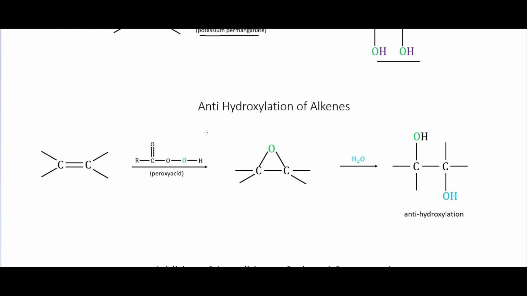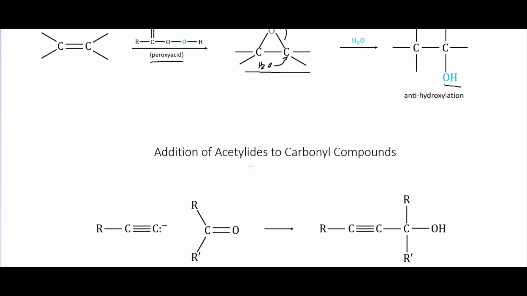So we can also do an anti-hydroxylation of alkenes. So we bring in a peroxy acid, which will give us this epoxide right here. And then we can bring in water, so H2O will attack that. This will go here. And so we end up with an anti-hydroxylation, so a diol that's in the anti position.